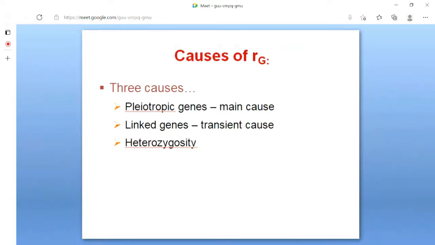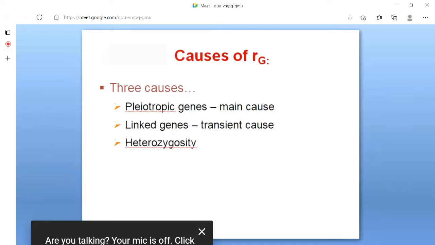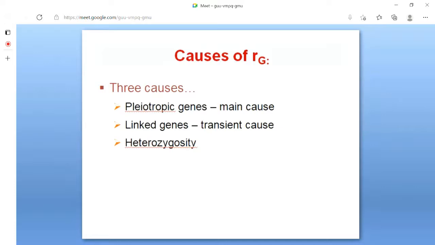Okay, very good. So if a gene is involved in the expression of more than one character, we call it a pleiotropic gene. Opposite to the pleiotropic gene is polygenes. Remember, polygenes means for a particular trait, many genes are involved.